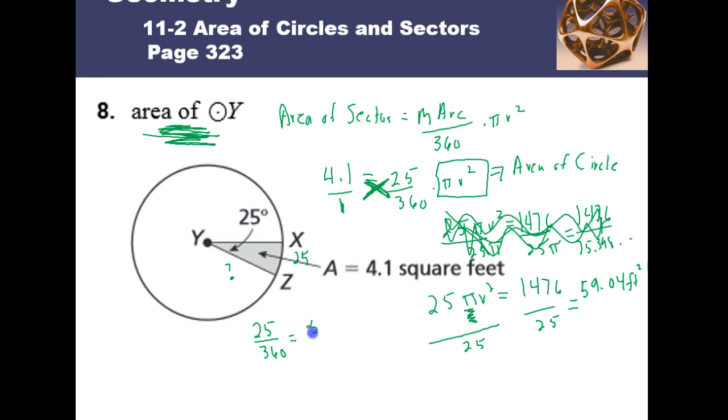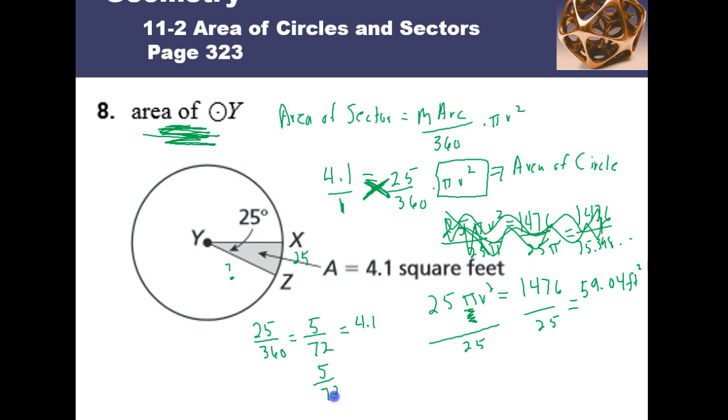So this is 5/72 if I reduce it. So I know that 4.1 is 5/72 of the area of the circle.